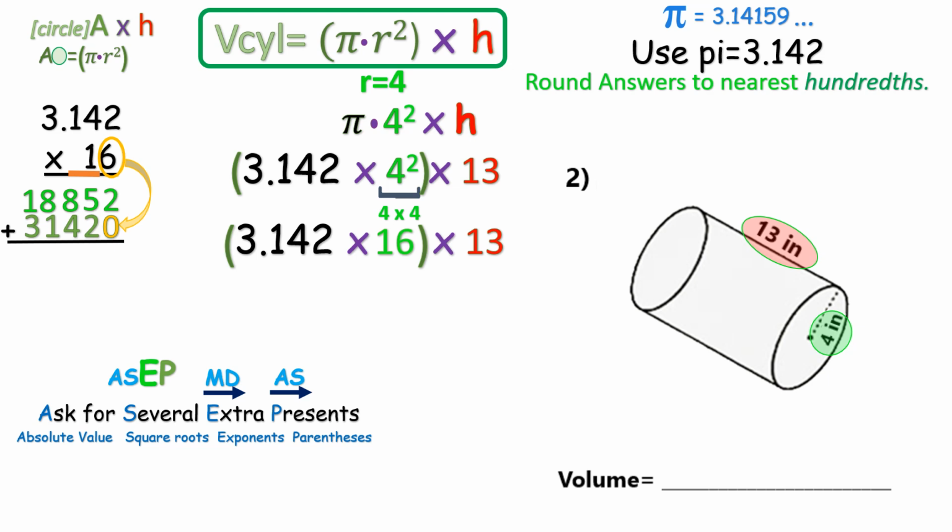Now I can add those together. Starting at the far right, I have 2 and nothing, so it's 2. 5 and 2 is 7. 8 and 4 is 12, so I put down my 2, carry my addition of 1. 8 and 1 and 1, that's 10, put down my 0, carry my addition of 1. And then 3, 1 and 1 is 5.